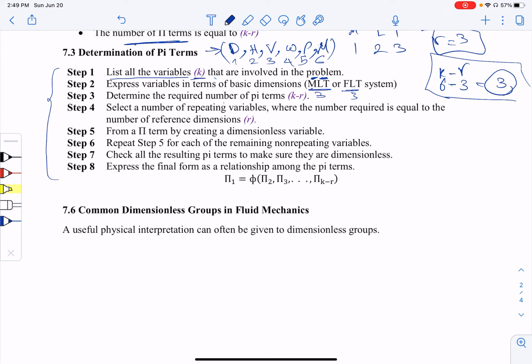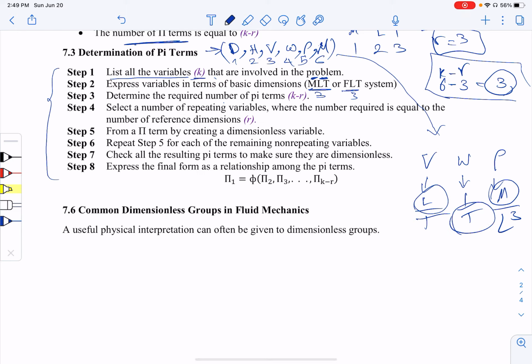For example, if I need to choose 3 of them as my repeating variables, let's say V, omega, and rho, I need to write down all of the dimensions of these three: LT^-1, T^-1, and this one is ML^-3, right? I need to make sure that the combination of them has M, L, and T, right?